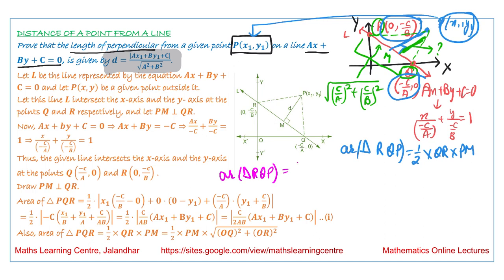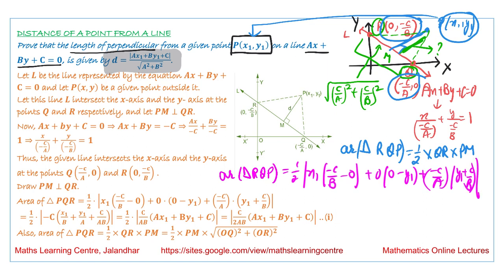Area of triangle RQP is equal to 1 by 2 mod of x1 into (minus c by b minus 0) plus 0 into (0 minus y1) plus (minus c by a) into (y1 plus c by b). We are using these 3 coordinates, and on solving this we obtain that the area is 1 by 2 mod of (c minus c is there) x1 by b plus y1 by a plus c by ab, mod of this value.